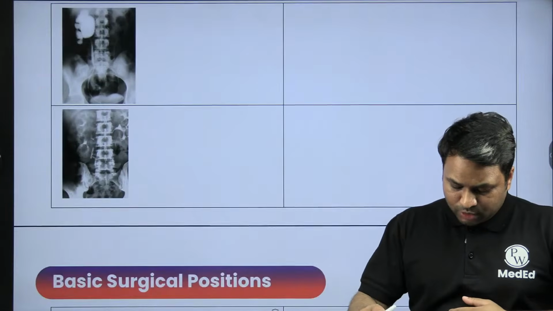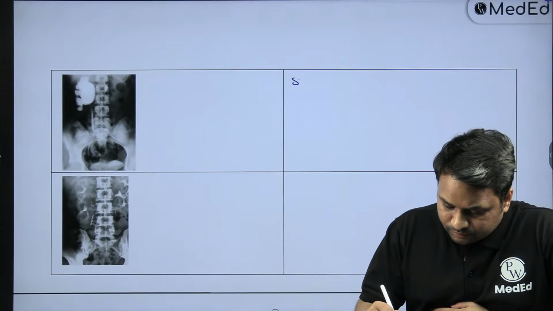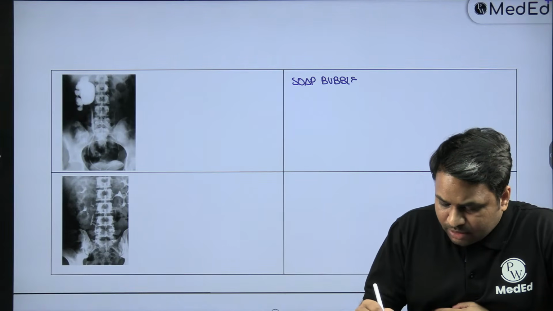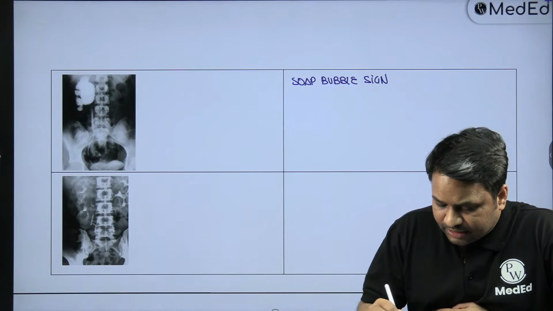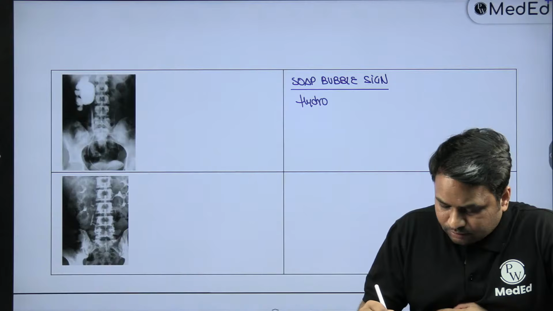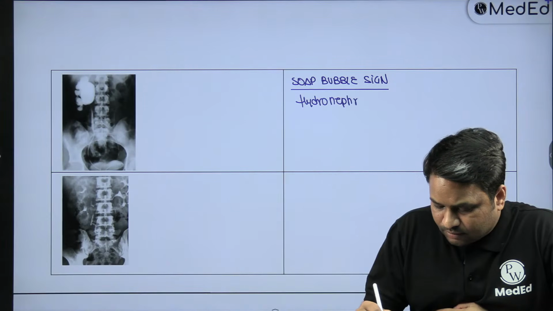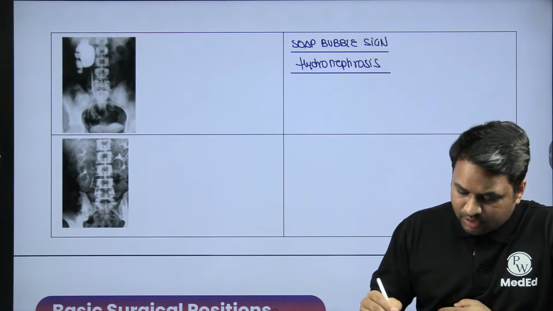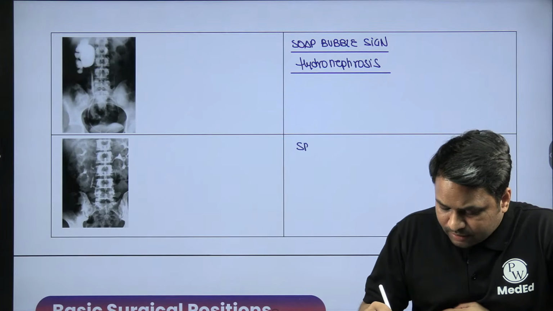Now, this is your soap bubble sign. The soap bubble sign is seen in hydronephrosis. This is your spider leg appearance.